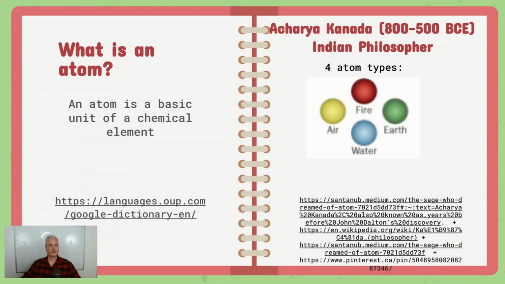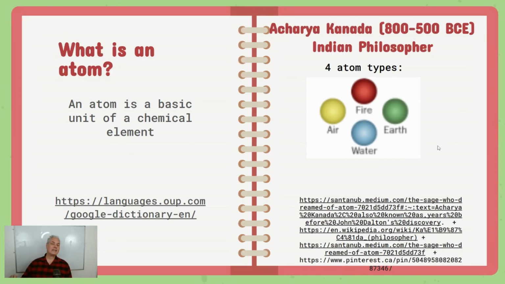In order to do this, we have to go back in history. I was trying to see when we started thinking about matter the way we do today. I went all the way back to ancient India, about 500 to 800 years before our common era, to an Indian philosopher.